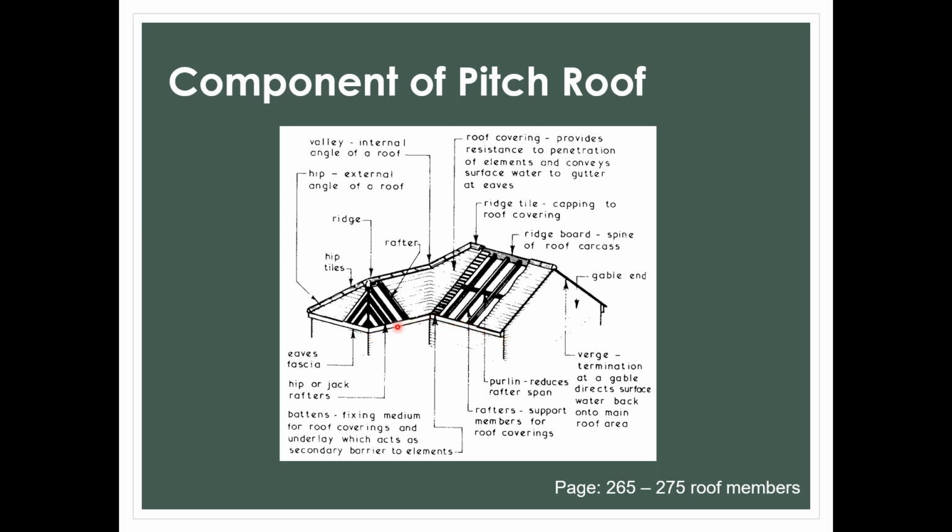Normally there is a rainwater downpipe here. What else? The purlin is connected with the rafter. You can see more details on pages 265 to 275 on roof members.